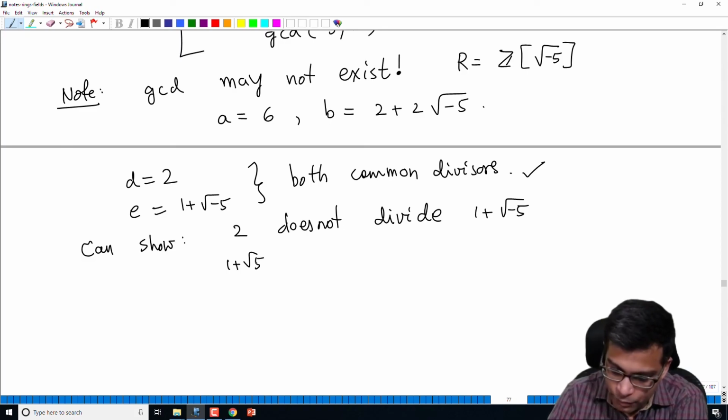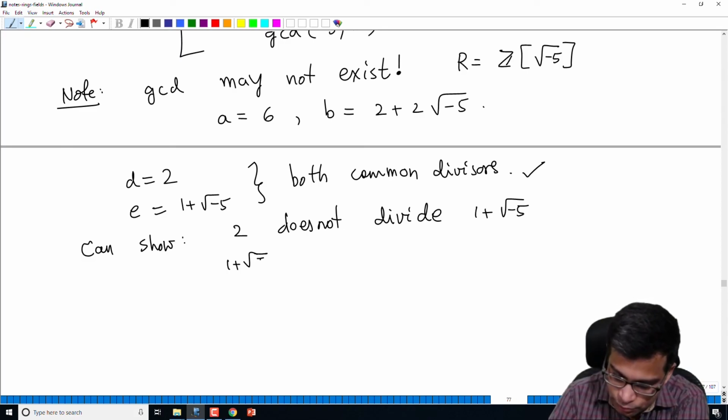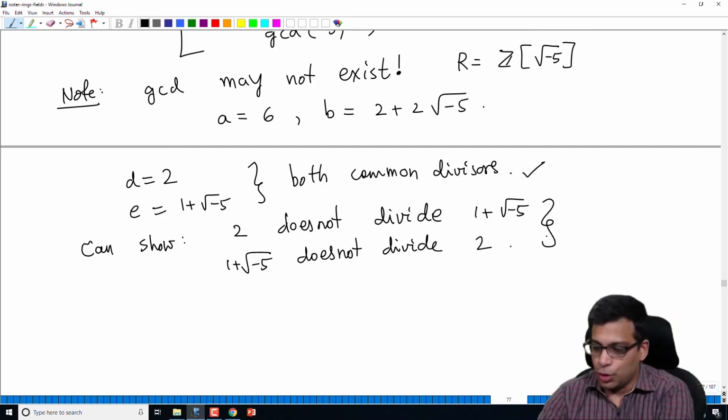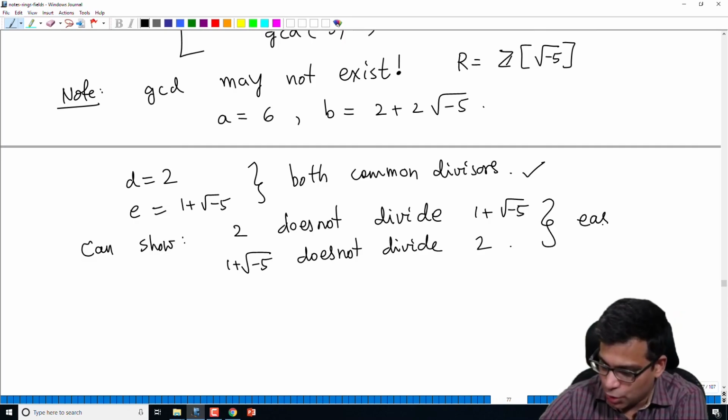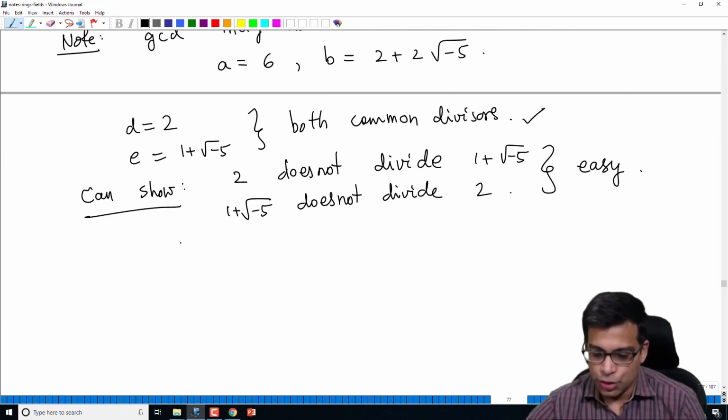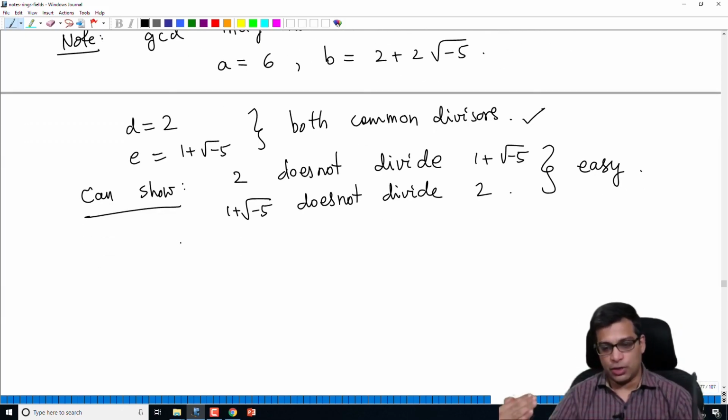Similarly, this also does not divide 2. So you have these two things. This is not that difficult, it is a standard calculation. So you have two common divisors, one does not divide the other.